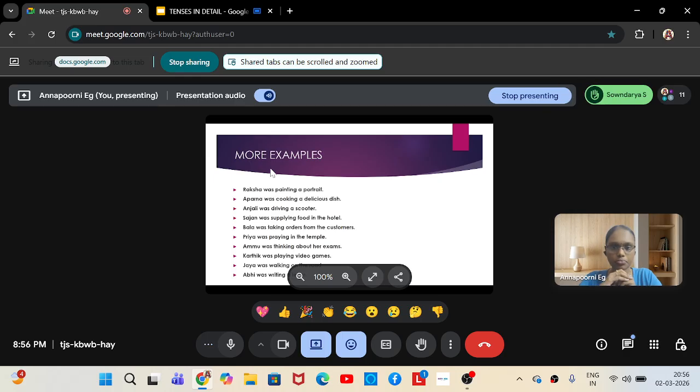Priya was praying in the temple. Amu was thinking about her exams. Karthik was playing video games. Jaya was walking on the road. Abhi was writing a letter.